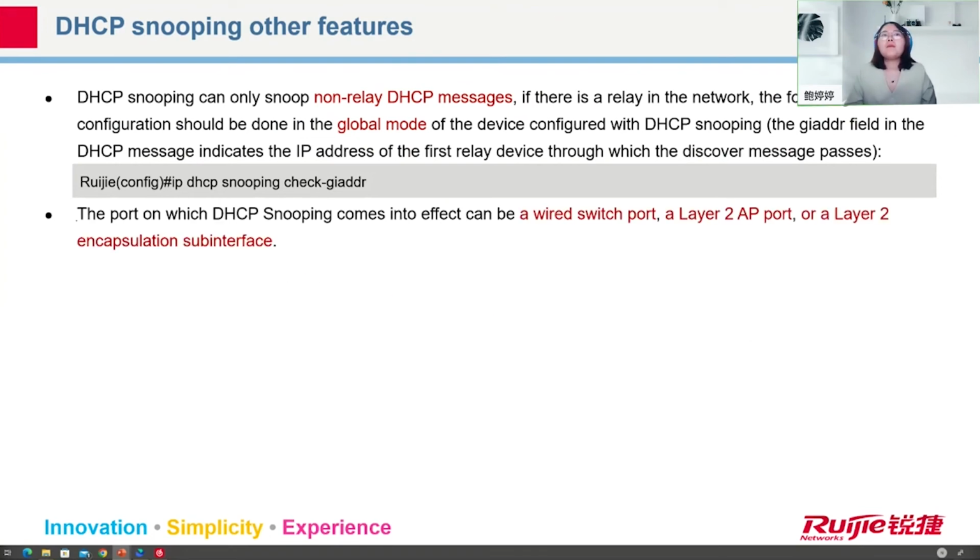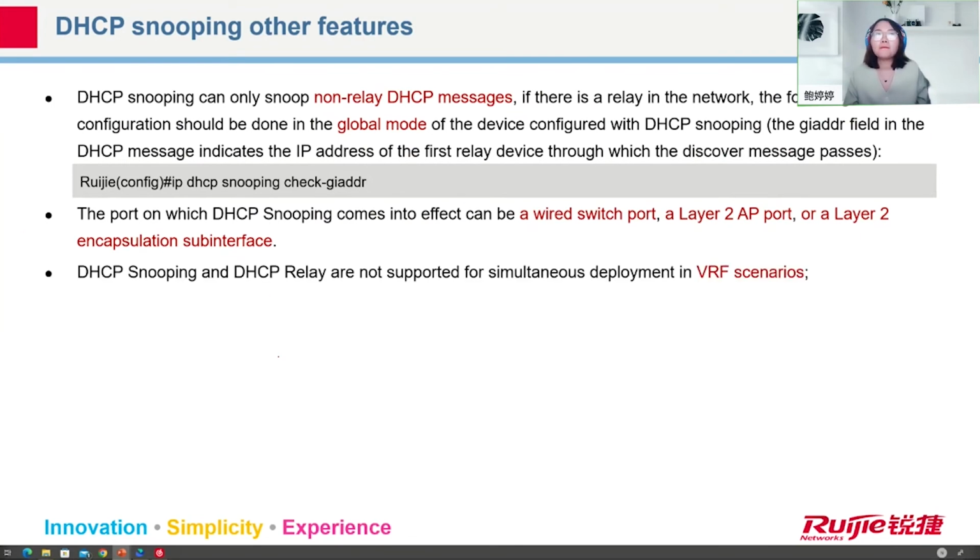Okay. And the port for DHCP snooping can in fact be a wired switch port, a layer 2 AP port, or a layer 2 encapsulated service interface. All of these interfaces can be used for DHCP snooping. And pay attention, this is a limitation.